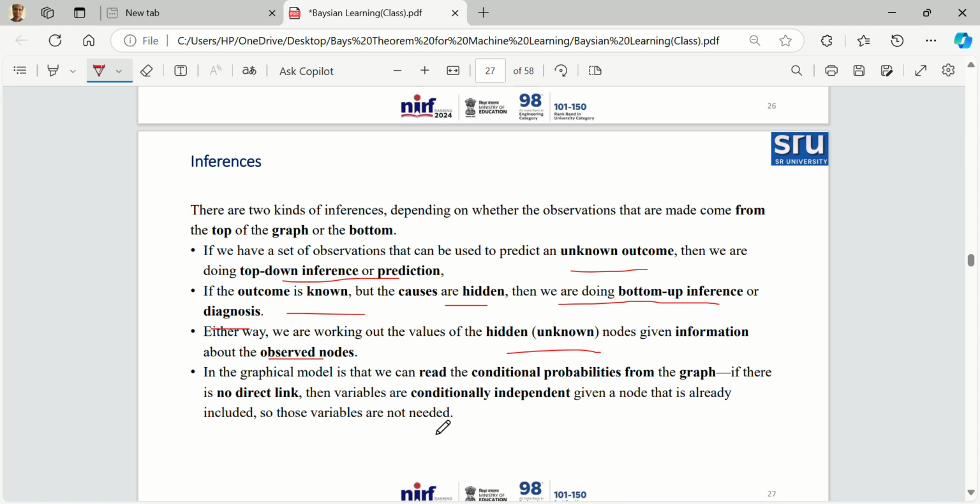In the graphical model, we can read the conditional probability from the graph. If there is no direct link, then the variables are conditionally independent given a node that is already included, so those variables are not needed. If there is no direct link given, in any direction, then they are independent of each other.